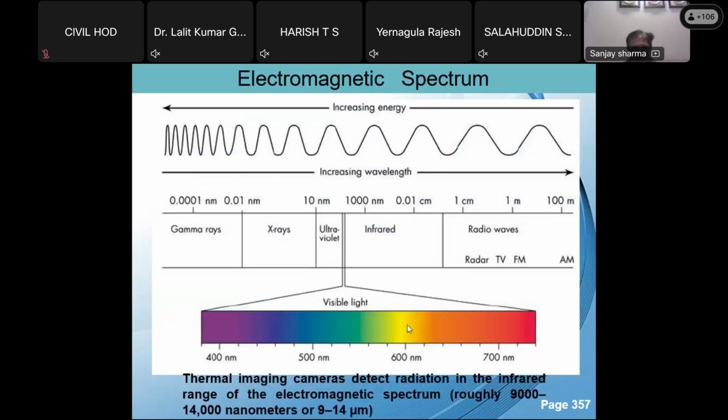Again, this is infrared. Here also we used this particular infrared camera to evaluate a very old timber structure in Himachal Pradesh. It was a governor's house, constructed in 1853, all wooden.